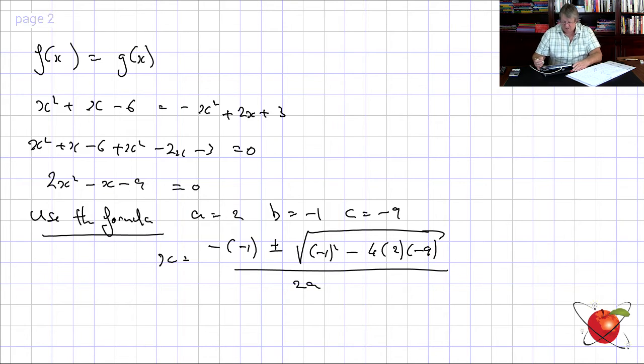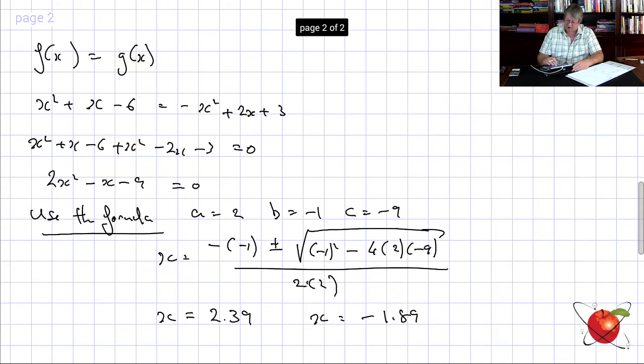Now we're in a position to solve that. 2a is 2 times 2. And if we solve that, we get x equals, and I've done it already, 2.39, and x equals minus 1.89.